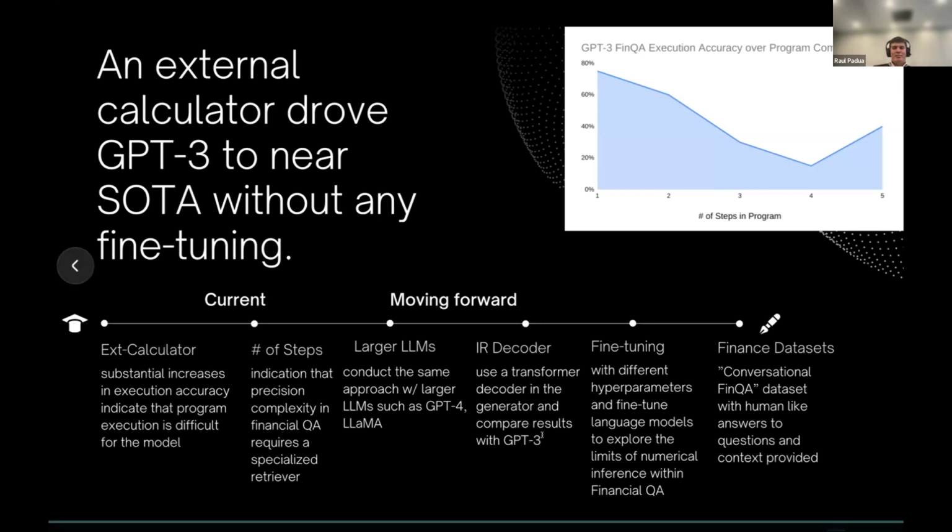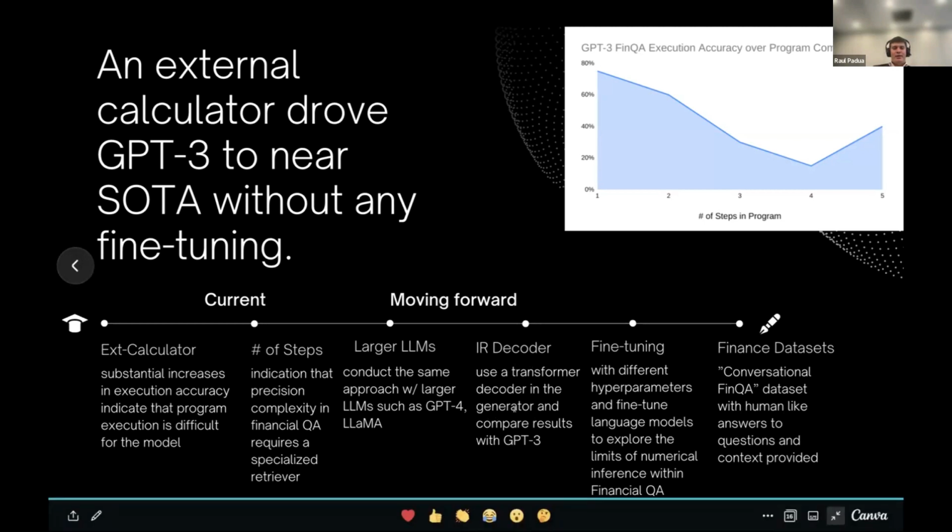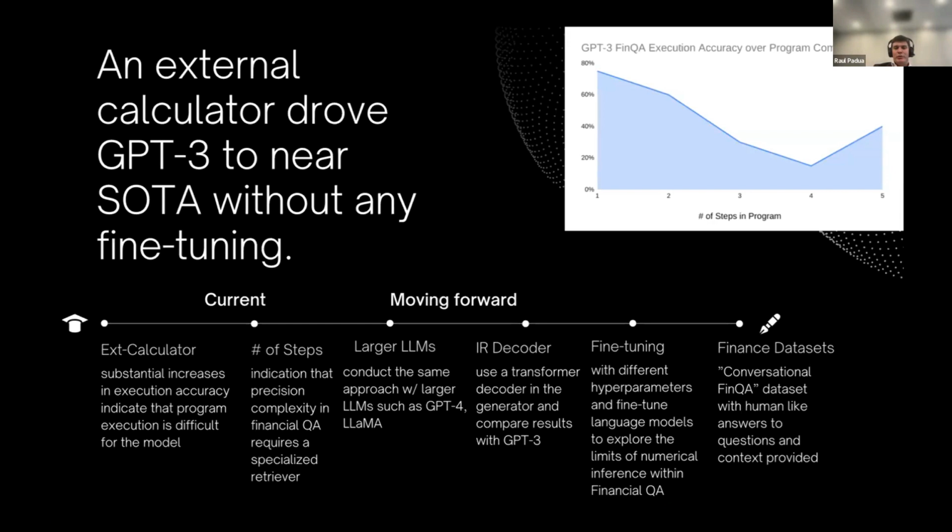Also, as I explained in the decoder part, there's an opportunity to use the information retriever not only with an LSTM, but maybe with a transformer decoder in the generator, to compare results with GPT-3 or the large language model we used. This could all be accomplished without any fine-tuning, though we could still fine-tune a large language model and probably reach better performance.